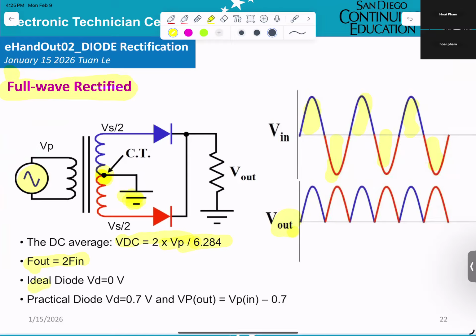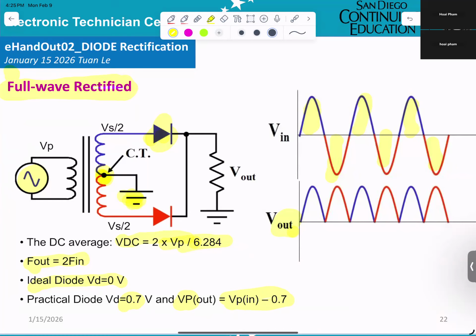Ideal diode VD equals 0, which means we don't need 0.7 volt here. Practical diode 0.7, and VP equals VE minus 0.7 we pick out.